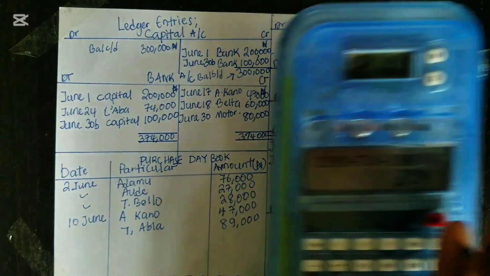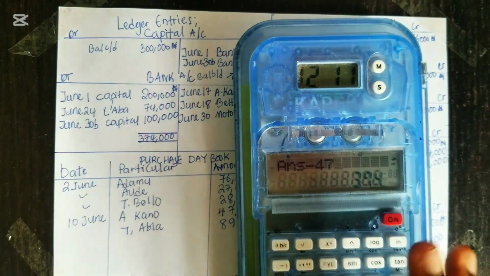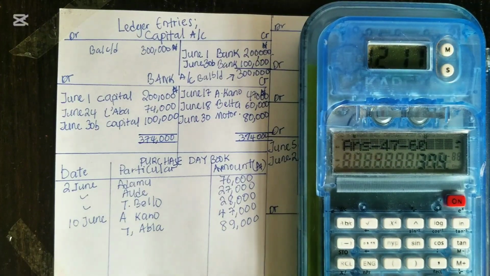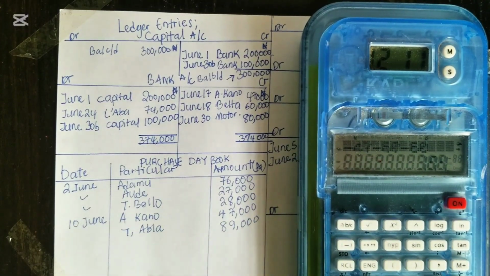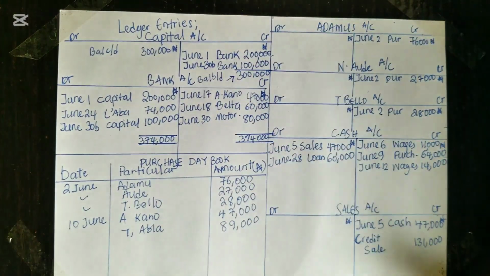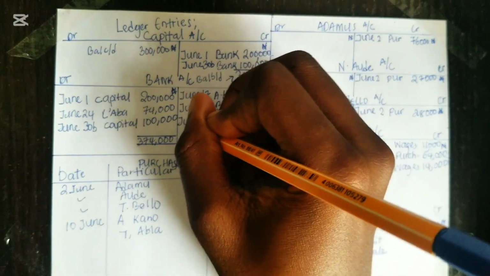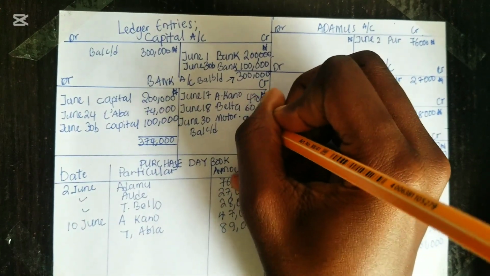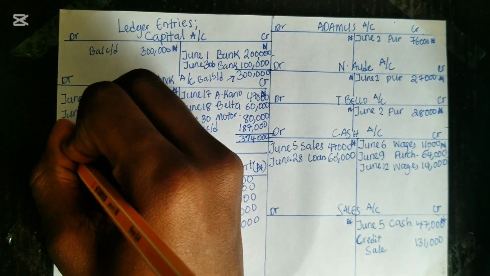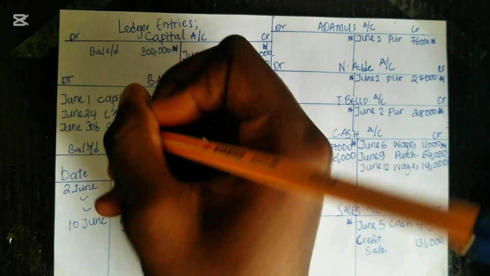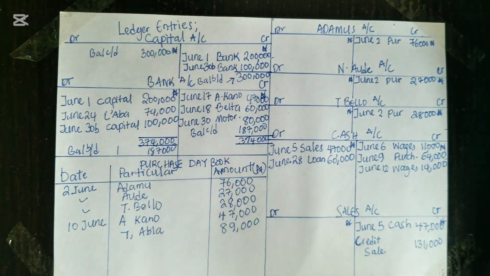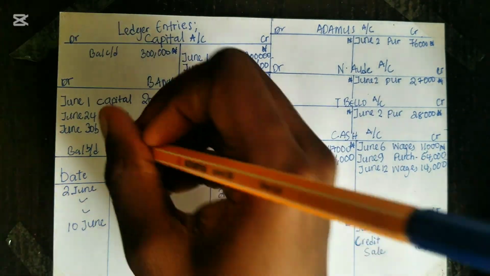So we minus 47, minus 60, minus 80. So this 187 is our balance carried down, 187,000. Balance brought down is 187,000.